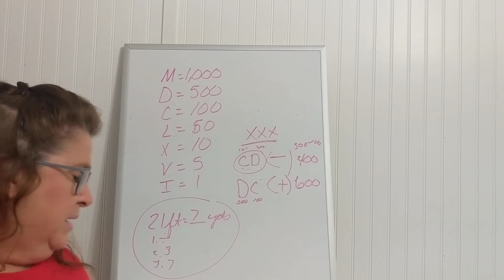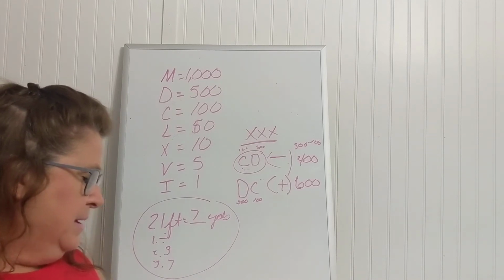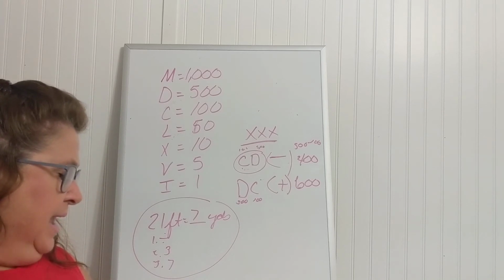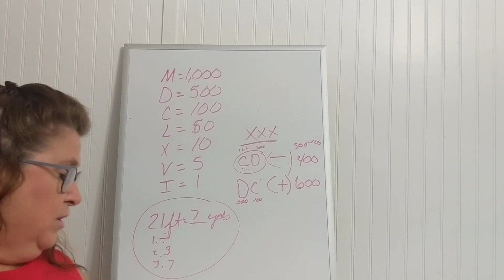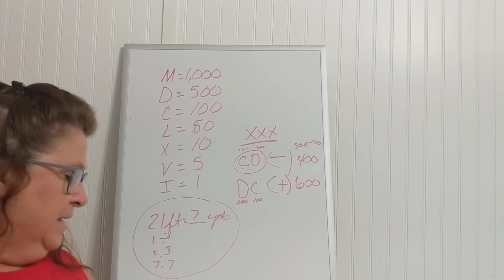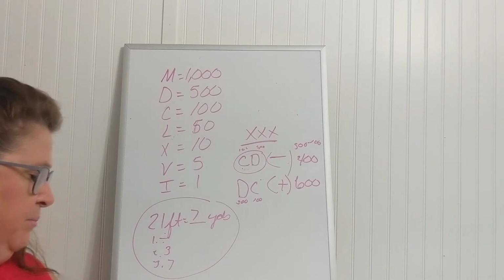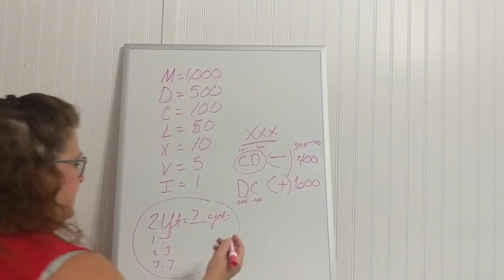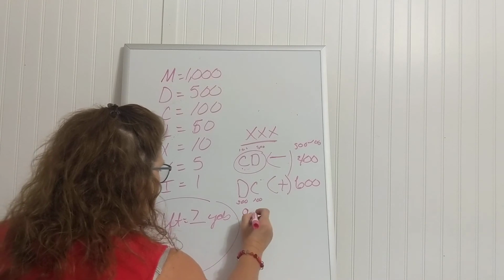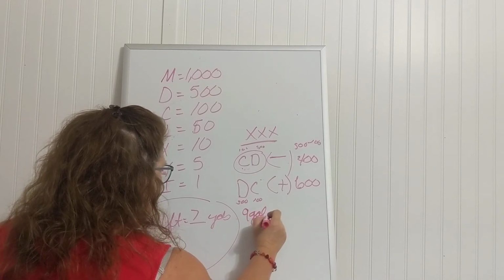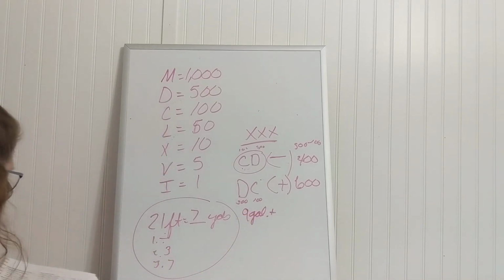Story problems. Melanie bought 9 gallons of pink lemonade to the school picnic, and Shelby brought 16 quarts of orange drink. How many gallons did the 2 girls bring to the school picnic? All right, so it says Melanie brought 9 gallons, so we're going to have a problem that says 9 gallons plus, how many did Shelby bring?